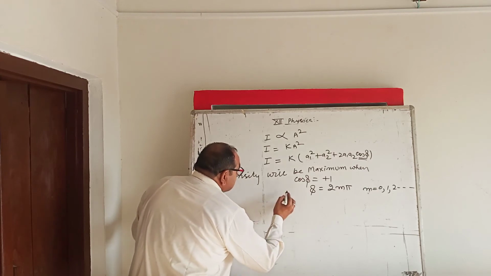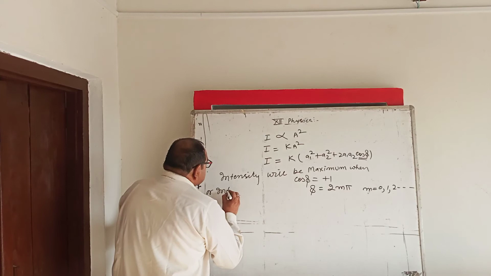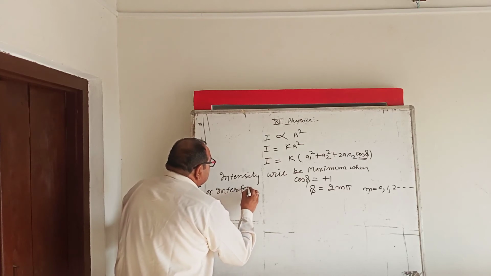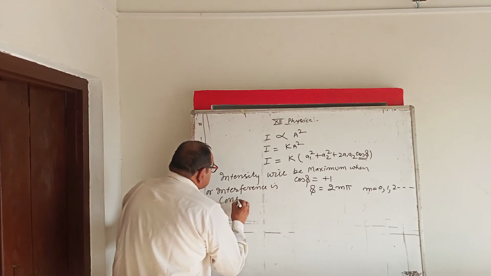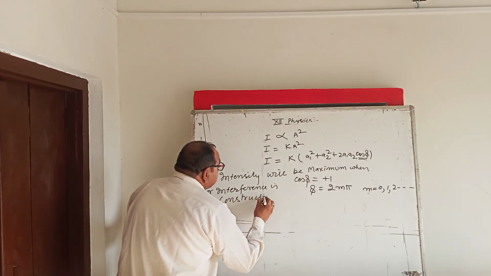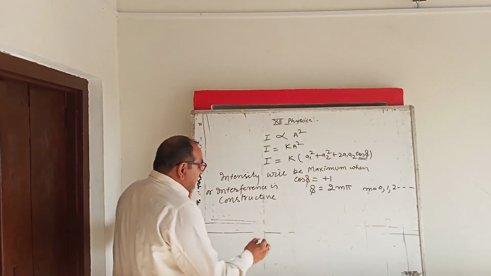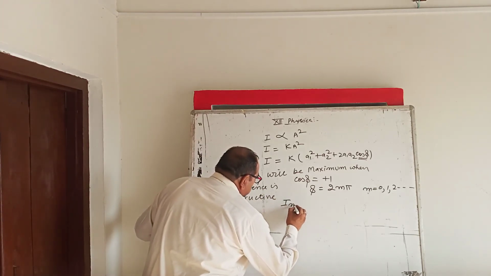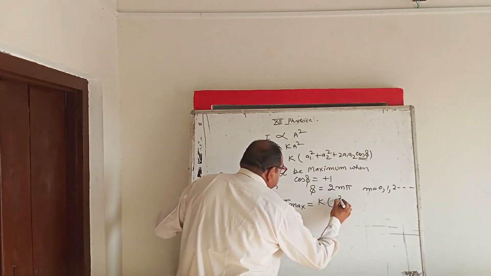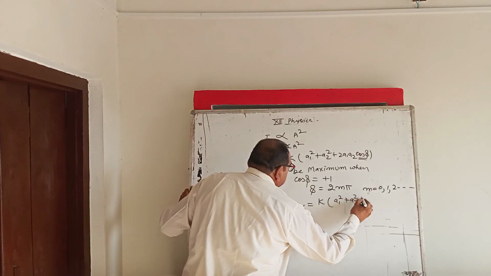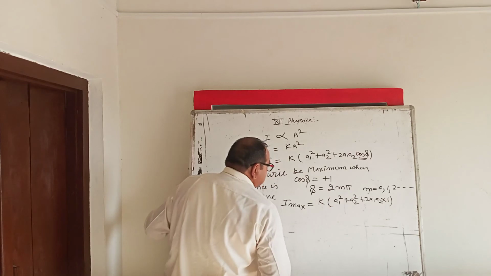And the maximum intensity I max will be K times a1 square plus a2 square plus 2 a1 a2, since the maximum value of cos phi is 1.